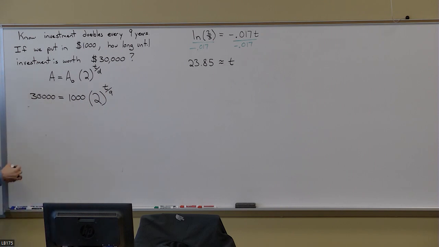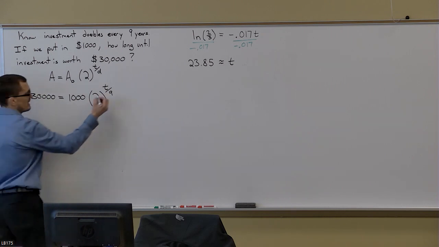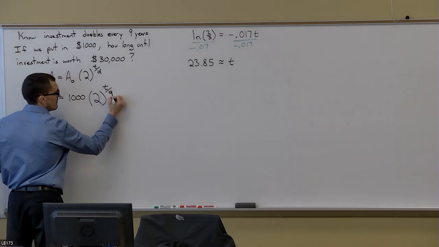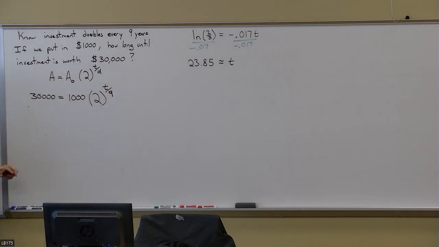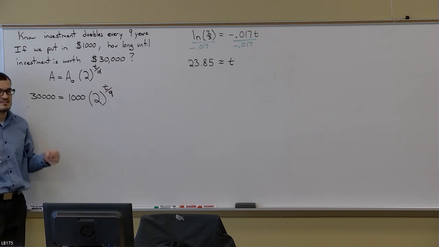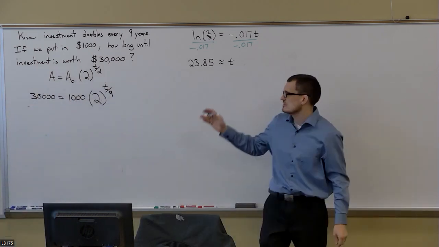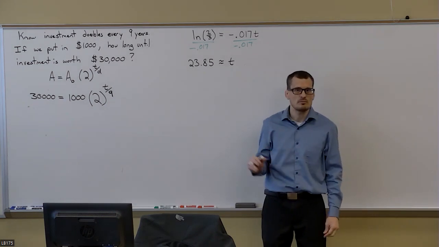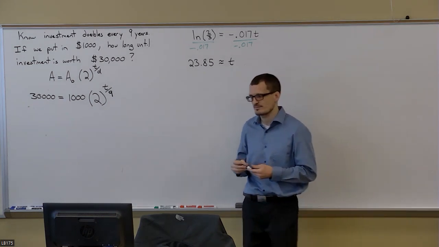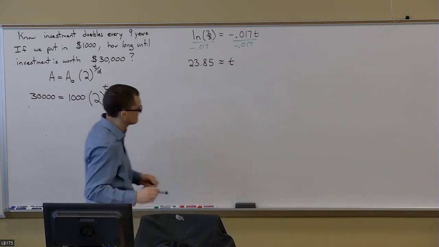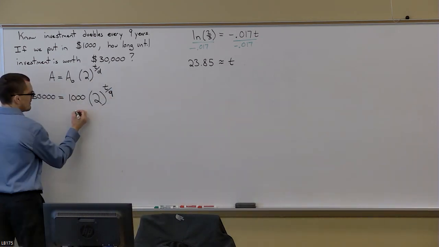And then obviously we can solve this equation, but that's the key: with doubling time or half-life, if I know the time it takes to double or the time it takes to cut in half, you can just use base 2 or base 1/2. So let's go through solving this.